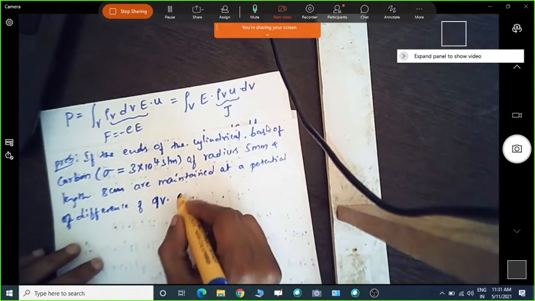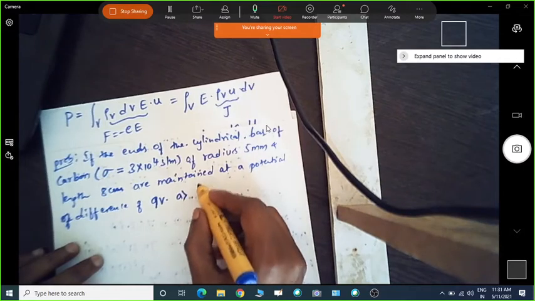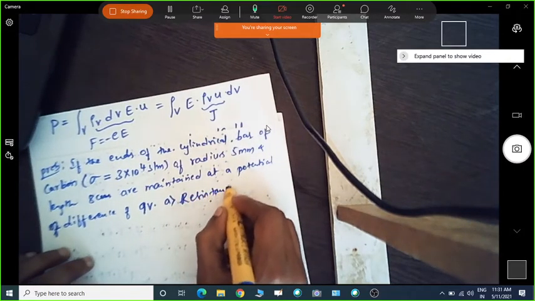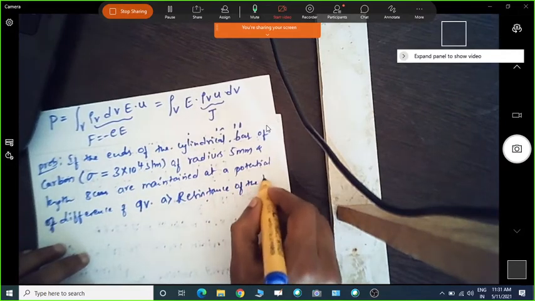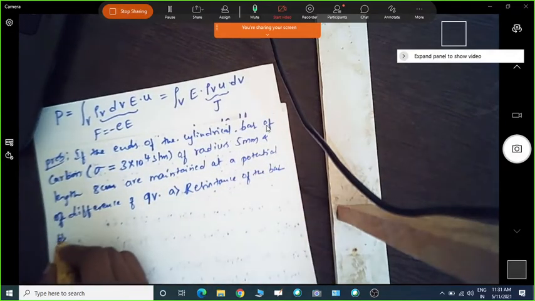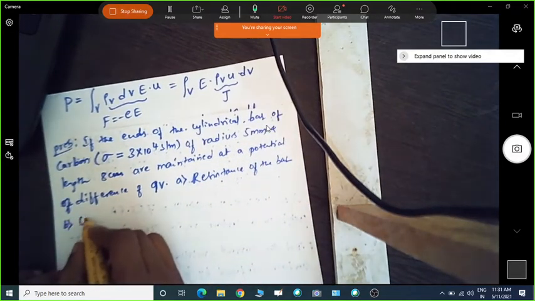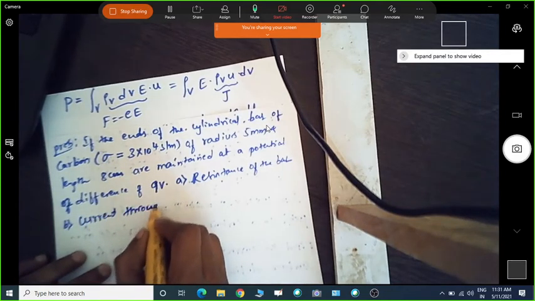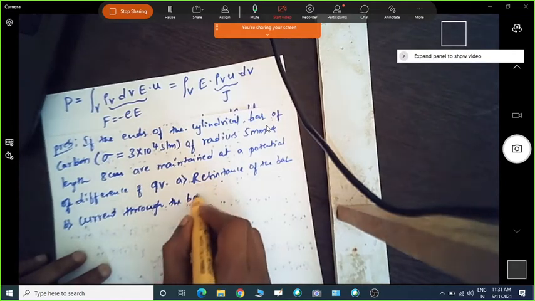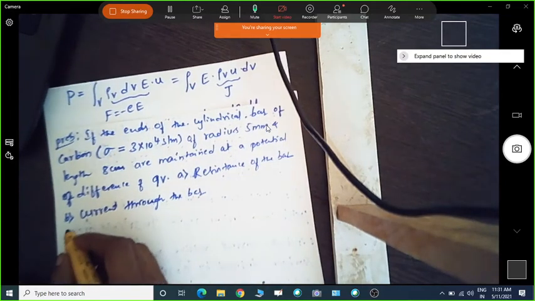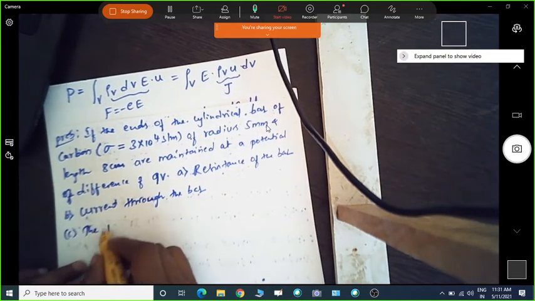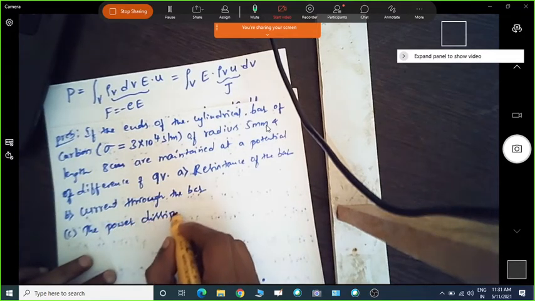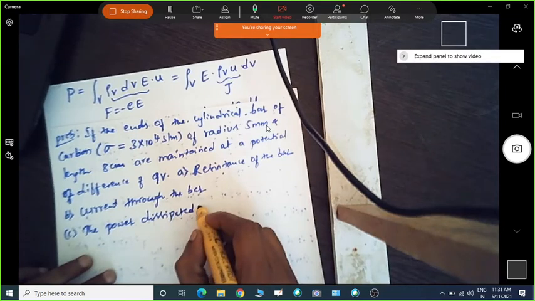First you have to find out the resistance of the bar, second you need to find out the current through the bar, and third you have to find out the power dissipated in the bar.